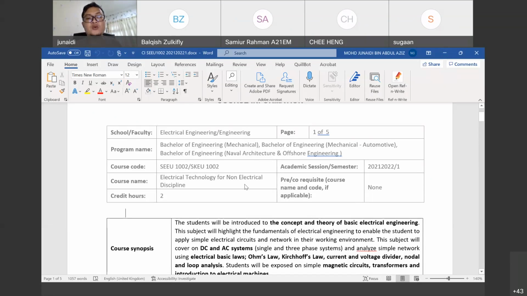The course name for this SEEU 1002 is Electrical Technology for Non-Electrical Discipline. So if you compare, this is a very light course, specially designed for non-electrical discipline. So you should not feel very stressed with this course.